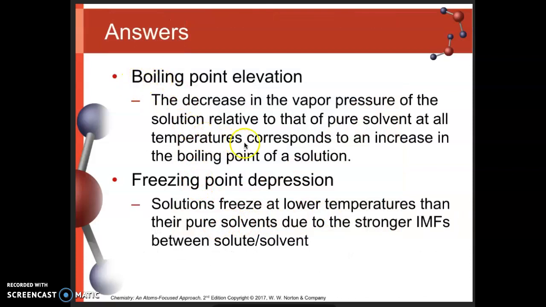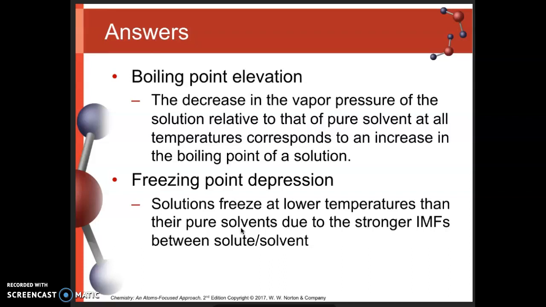We can see that the decrease in vapor pressure is going to increase boiling point. That makes sense. But what we're also seeing is that there is a freezing point depression. The freezing point depression comes as a result of solutions freezing at lower temperatures than their pure solvents because, again, the intermolecular forces that exist between the solute and the solvent are stronger than what existed between the pure solvent and itself.